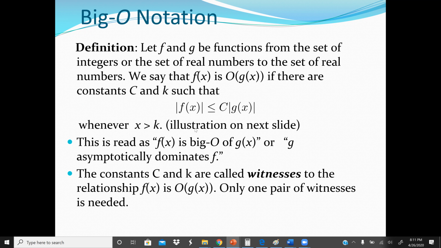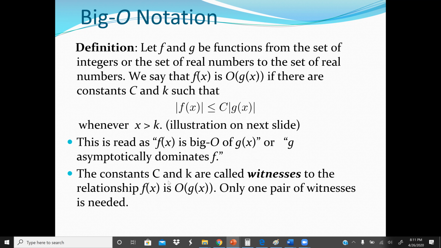We may discuss this in a few slides to come. And this is read as f(x) is big O of g(x). Again, I use the term Big O notation: big O of g(x), or g.